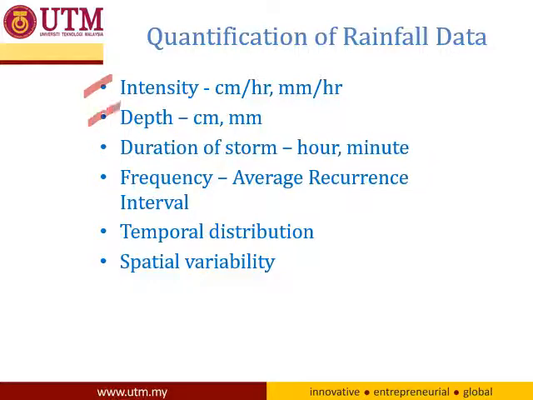And we may also measure it in terms of depth or total depth. For example, for 2 hours, how much rainfall depth there is; in 5 hours, how much rainfall depth. And then the other important quantity is the duration of the storm. Duration of storm may be in hours or days, but usually it's hours or also minutes.